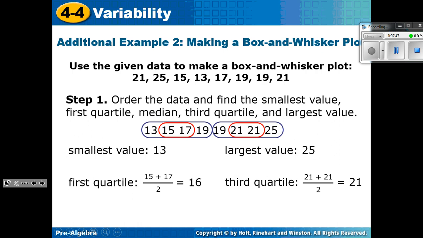So you've got 4 things there. We need 5. I would have probably found that first, actually. There's not a clear middle, but both of those middle numbers are 19, so their average will also be 19. So you've got your 5 things, so you're in good shape.